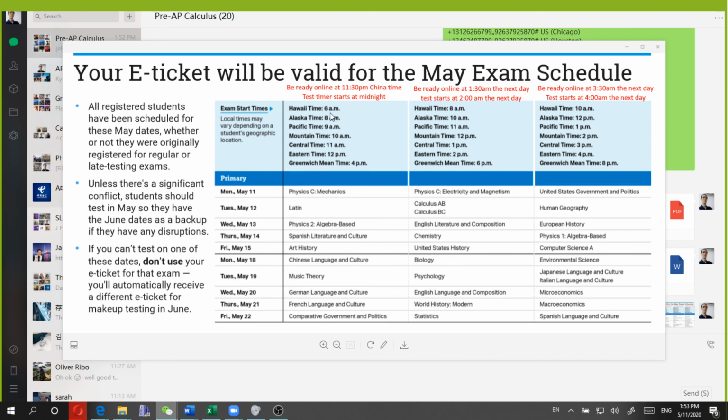So that means your test would be starting at 11:30. For all of these exams in the middle, your test is starting at 1:30 a.m. our time. And for all of these exams on the right, your test will be starting at 3:30 in the morning on the next day. So if it says Tuesday, you're actually starting 3:30 on Wednesday.